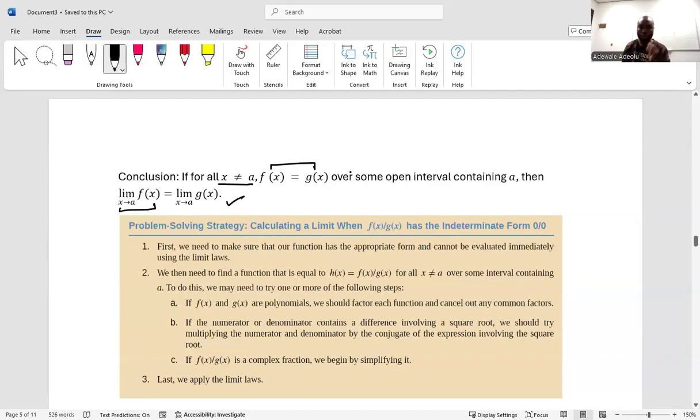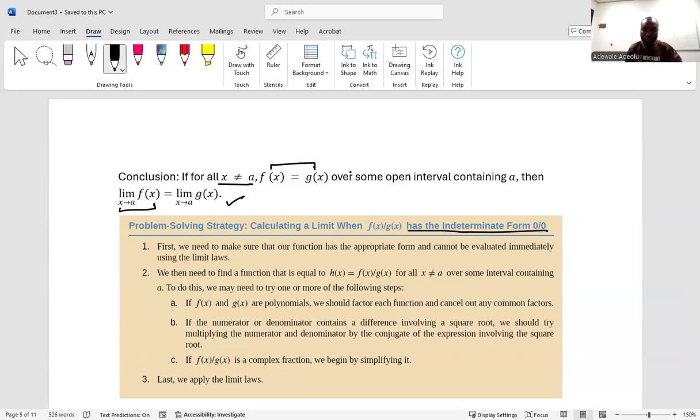Now, what do we do when we are having that situation? Let us briefly look at how to calculate a limit when we have the indeterminate form of 0 over 0. The first thing you need to do is to establish that you have that form.